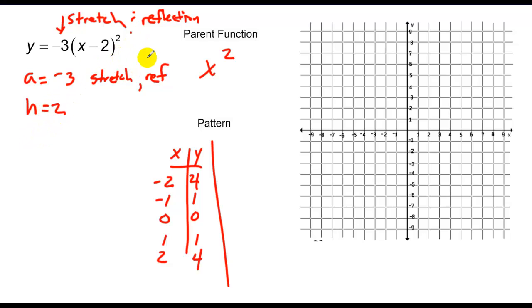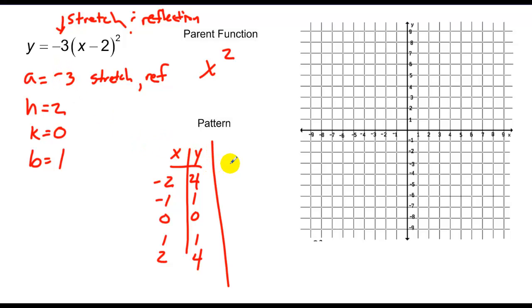There is nothing added to the outside, so my k equals 0. And since there's no value underneath, my b is equal to 1. This means there's no horizontal stretch, but there's a vertical stretch and a reflection of -3.